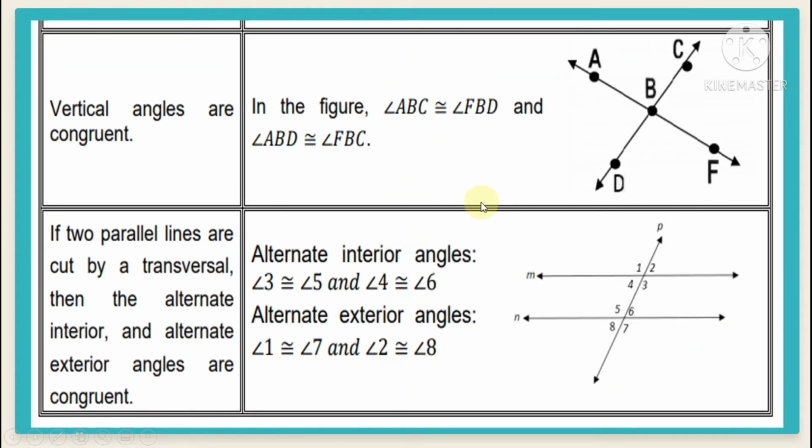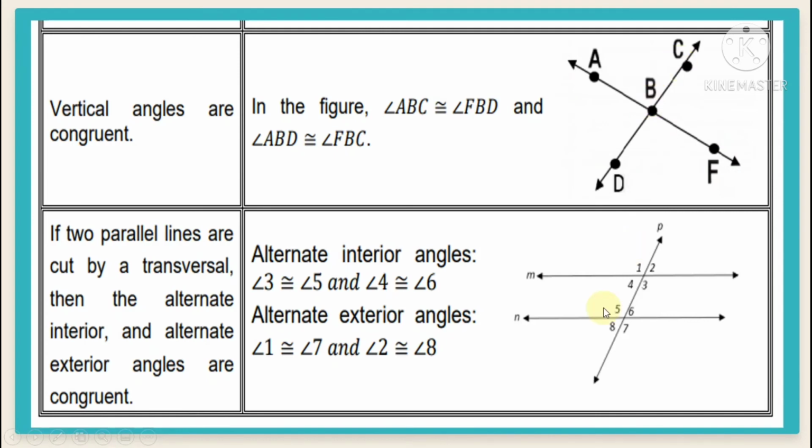Vertical angles are congruent. In this figure, angle ABC is congruent to angle FBD, and angle ABD is congruent to angle FBC.